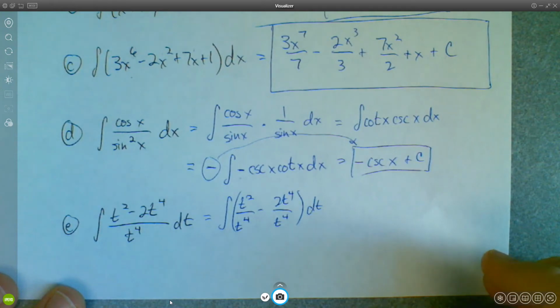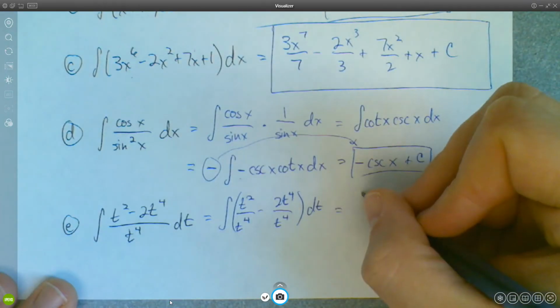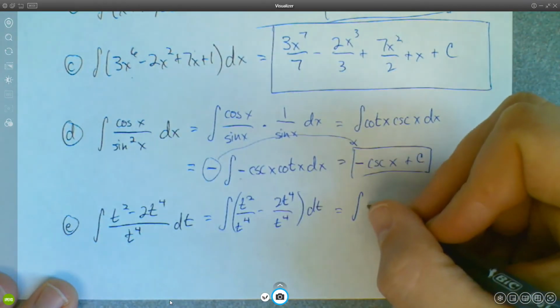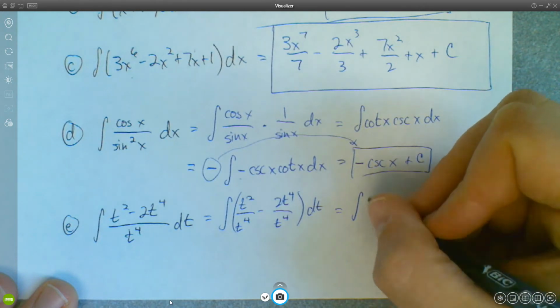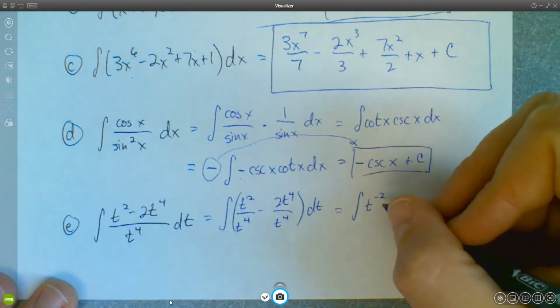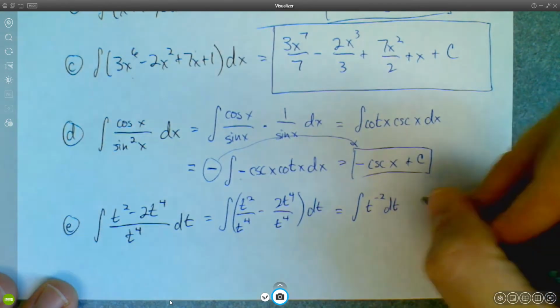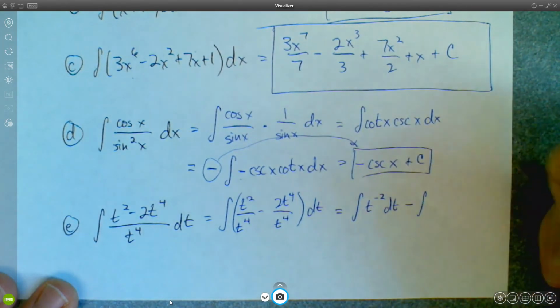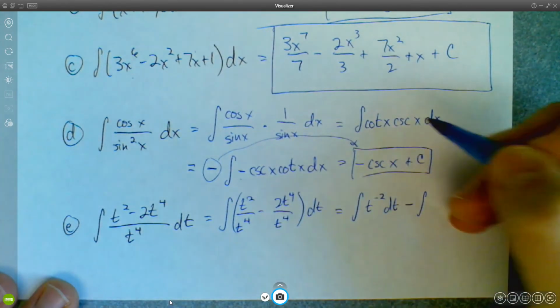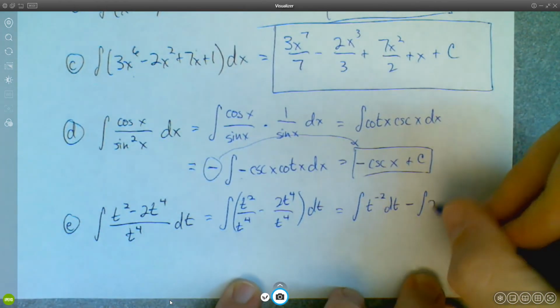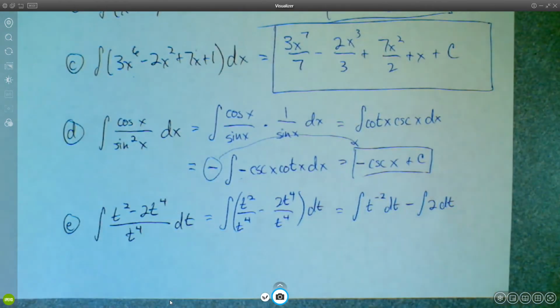T squared over t to the 4th is 1 over t squared, or in other words, t to the negative 2. 2t to the fourth divided by t to the fourth is just 2. So this didn't turn out so bad after all, right?